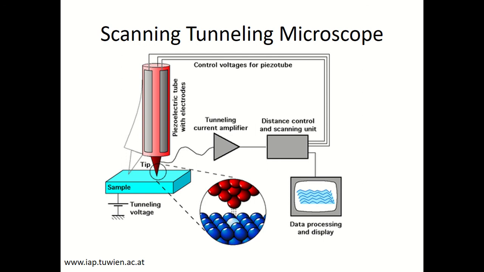So it can just drag the adsorbed atoms on the surface, move them along the surface, and reattach them to a particular position. So this way STM works based on the tunneling principle. And the important part is it can find out the position of atoms on the surface.